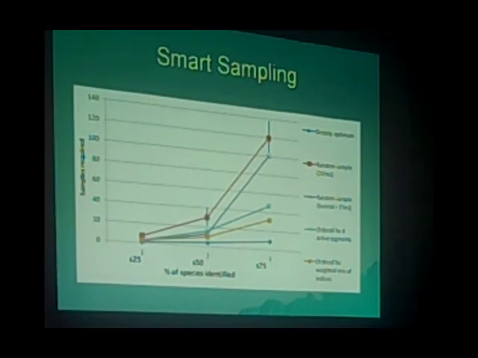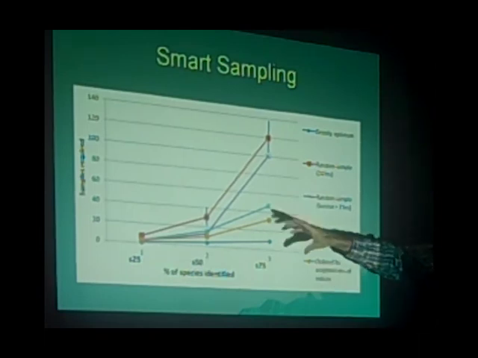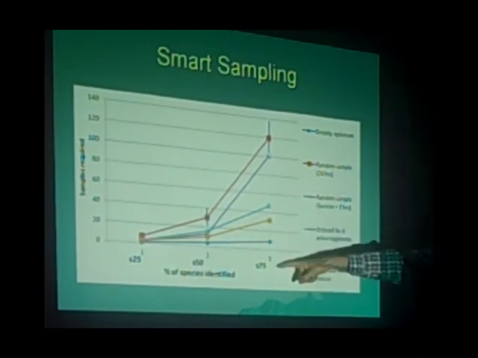Now, if you do something else, which is instead of just relying upon one of those indices to guide your sampling, you start to take some weighted combination of those indices. I played around yesterday for some time, and the best I got down to was 32. So essentially, in theory, 32 samples will get you 75%.